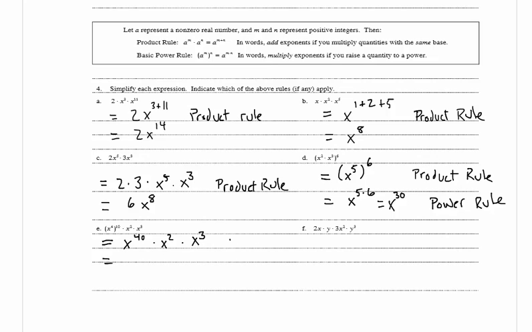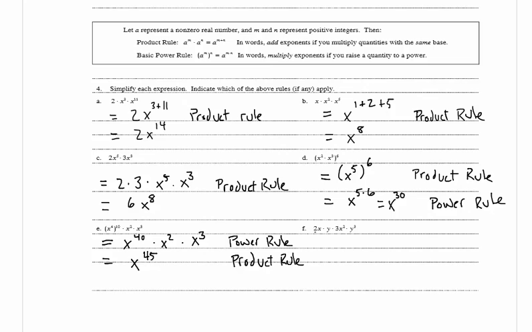So this was power rule. And now we're going to use the product rule and multiply x to the 40th times x squared times x cubed. And that would be x to the 40 plus 2 is 42, plus 3 is 45.